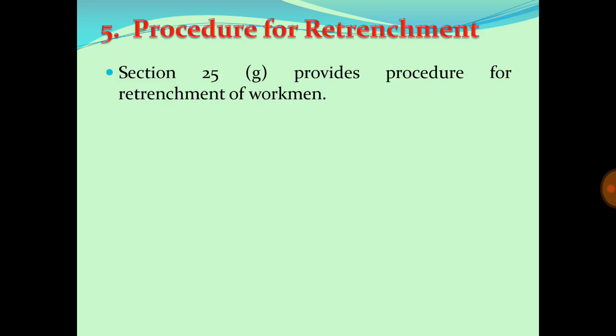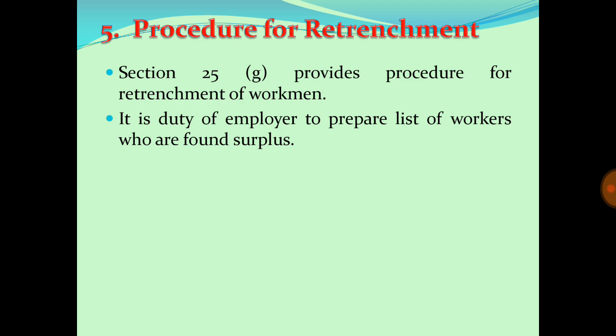Now we must see what is the procedure that must be followed by the employer while terminating the services of workmen in his industry. First, section 25G provides the procedure for the retrenchment of workmen, and according to that, it is the duty of the employer to prepare a list of workmen who are found surplus.